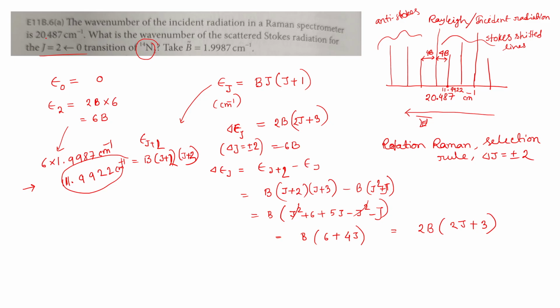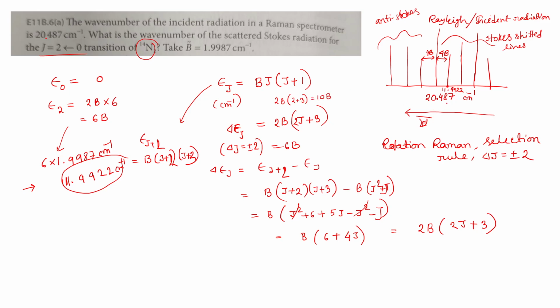Let me once try to recapitulate. Now for 0 to 2, and what will be 1 to 2? This 1 to 2 transition will be 2B, 2 plus 3, that is 5, 10B.